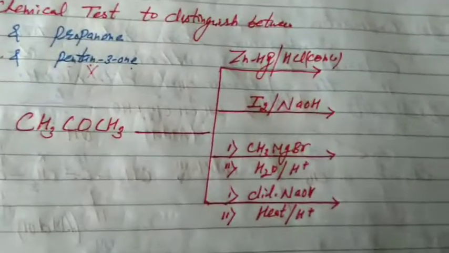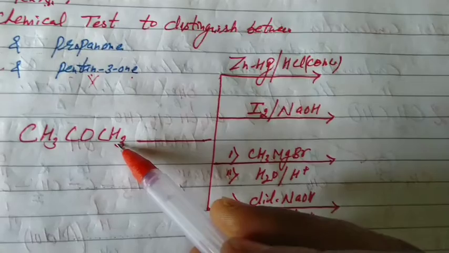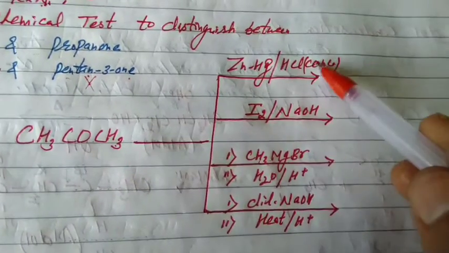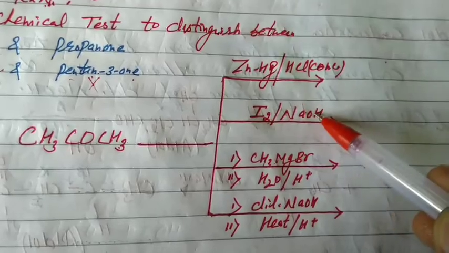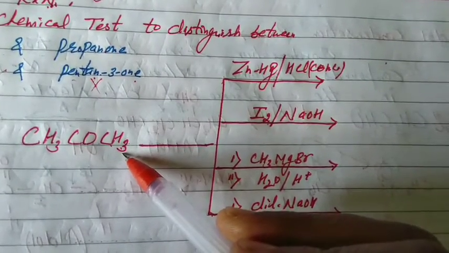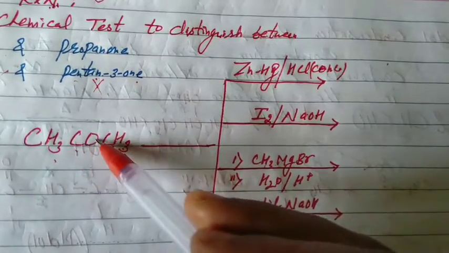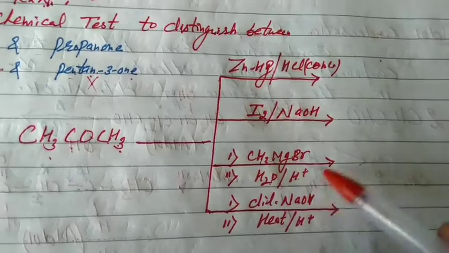Next, complete these reactions. I am giving you some hints. It is acetone, dimethyl ketone, propanone. It is Clemmensen's reduction, complete reduction, we get an alkane. With I2/NaOH, it is the iodoform test. It has a methyl group, so it will form iodoform CHI3 plus CH3COONa. Grignard reagent, and then add water in dilute acid.